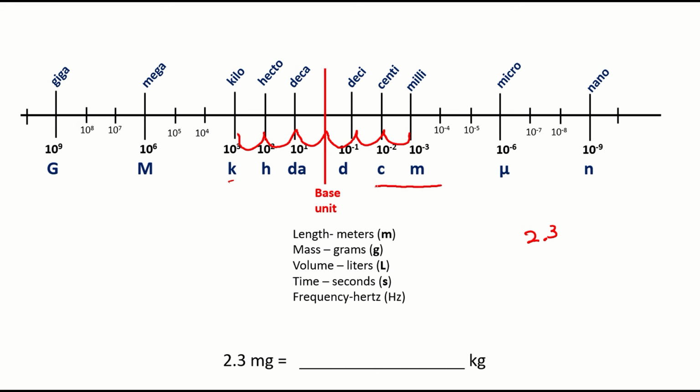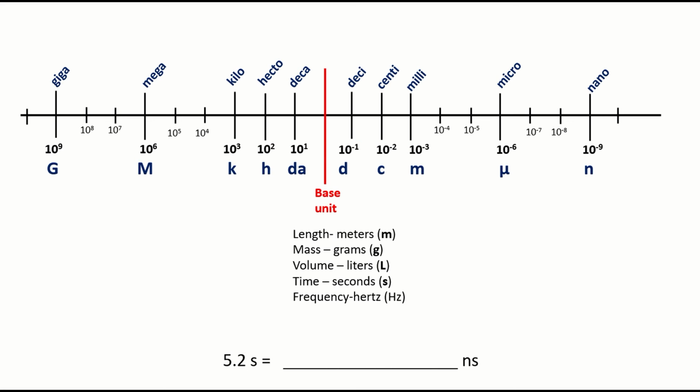You're moving the decimal point 6 times in that direction. So we can start moving. 1, 2, 3, 4, 5, 6. This is the new location of your decimal point, and add zeros into each loop. That is your answer in kilograms.